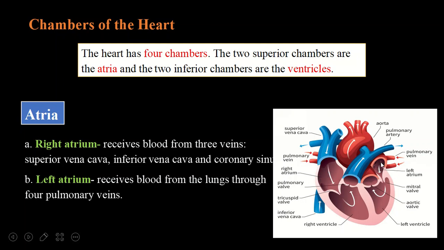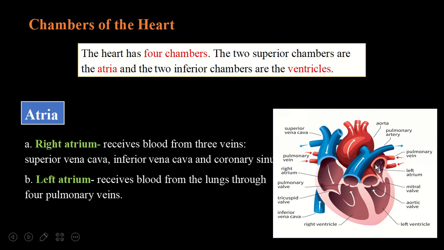In the left atrium, the left atrium receives blood from the lungs. So this right atrium receives blood from the three veins from the body. And this left atrium receives blood from the lungs. The blood in the lungs becomes oxygenated, and then that oxygenated blood enters the pulmonary veins, the left pulmonary vein and the right pulmonary vein, going to the left atrium.